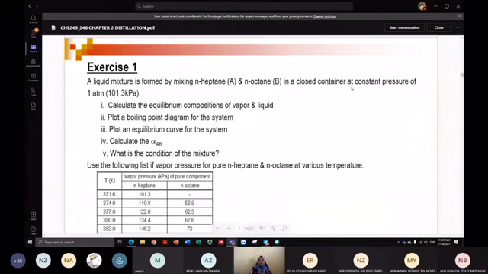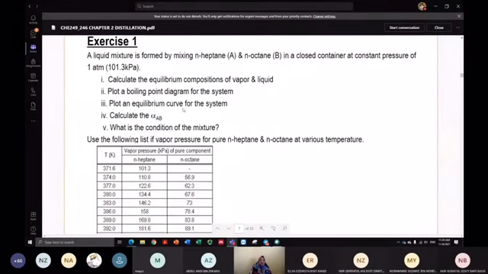You have a closed system, and the operating pressure is constant, 1 atm, but the operating temperature varies.